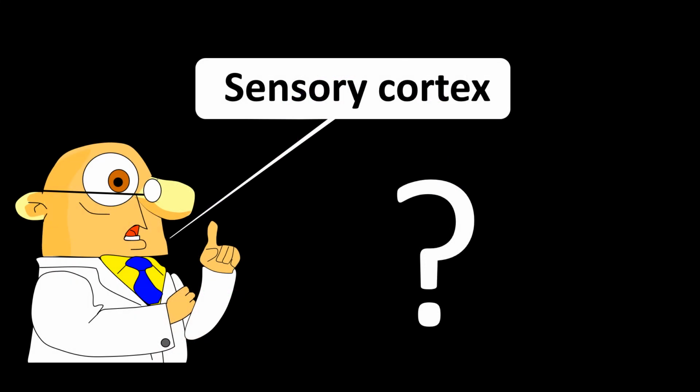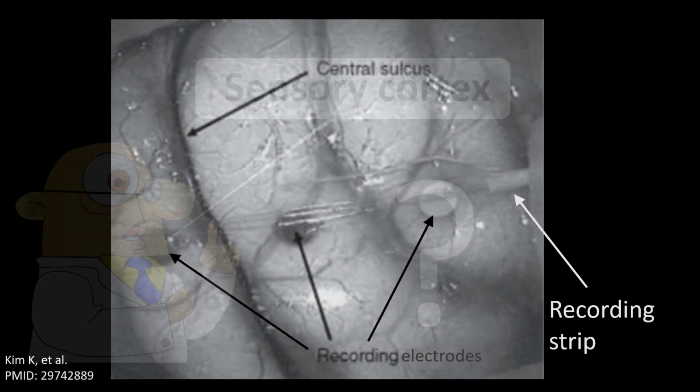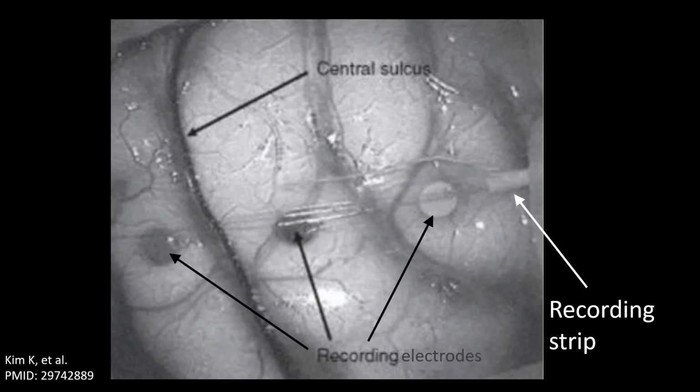In patients during surgery, we find the sensory cortex using neurophysiological testing. The test consists of placing a strip of electrodes going across the area judged anatomically to be the sensory and motor areas. This is done to determine certain parameters known to indicate the presence of sensory cortex.